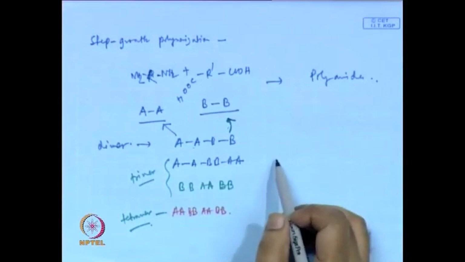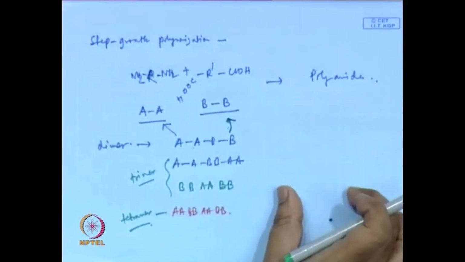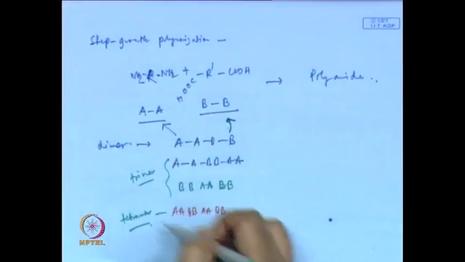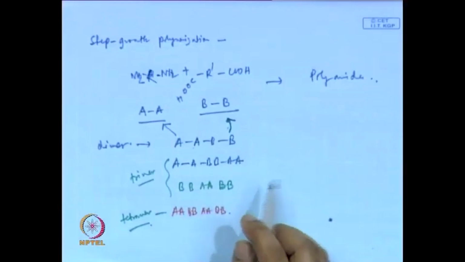Only at the end of the polymerization will you see long polymer chains forming, unlike chain polymers, where even at a small conversion you get large polymers. So, if you stop the reaction in the beginning, you will see high conversion, but a lot of small oligomers.